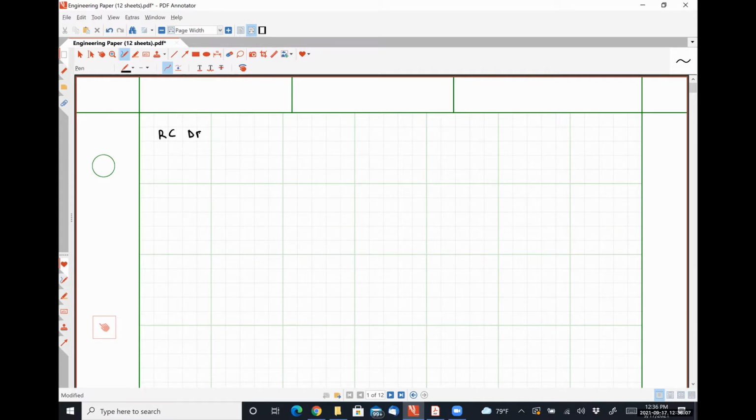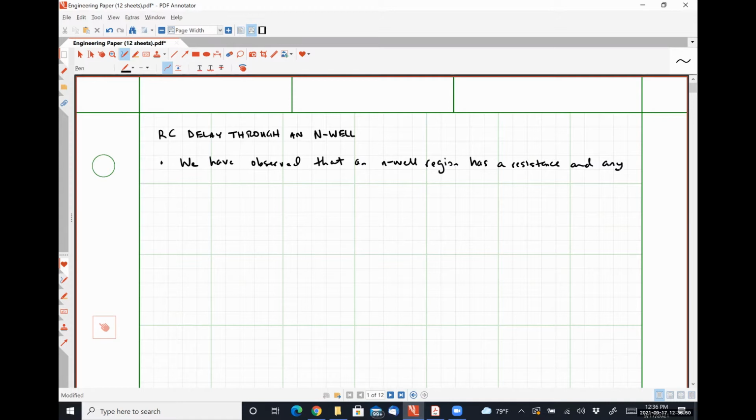RC delay through N-well. So we have observed that an N-well region has a resistance and, actually, I don't even put that, and a capacitance.